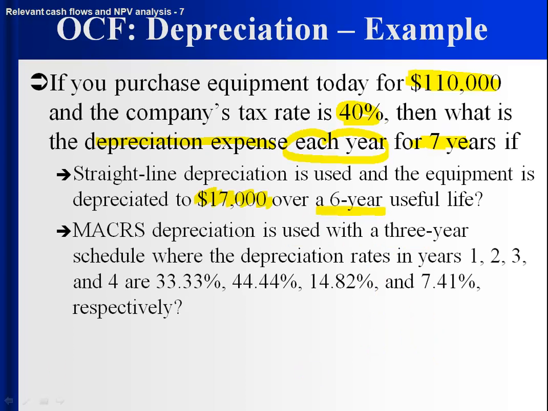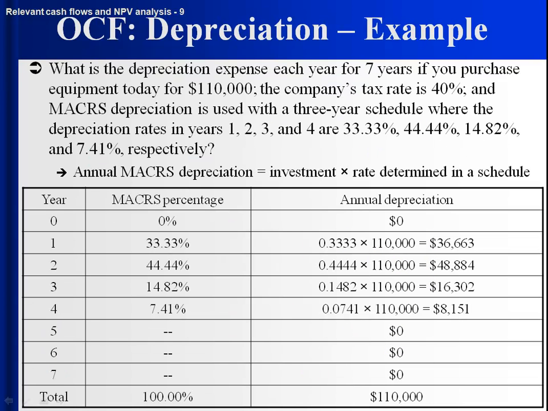Example 2 is if we have MACRS, and again we're using a 3-year schedule, so we'll have depreciation for 4 years, 1, 2, 3, and 4, and the rates are 33.33%, 44.44%, 14.82%, and 7.41%. All we do to get the depreciation in each of these years is some multiplication. Again, no depreciation in year 0.